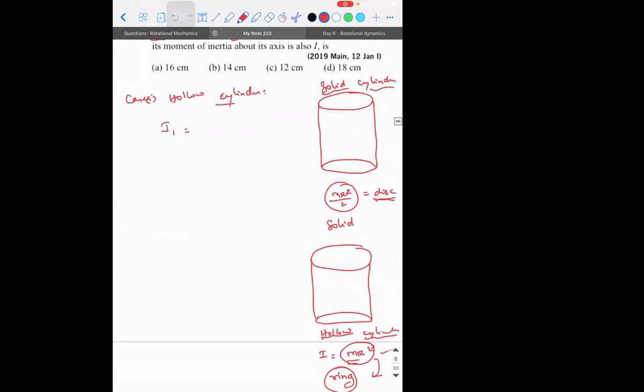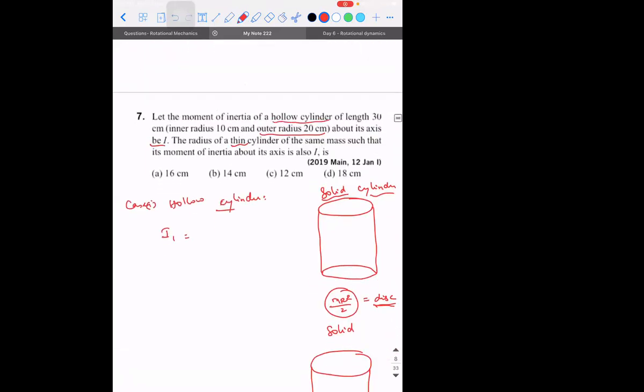But in this question, though they use the word hollow cylinder, what is the point we need to concentrate on? It has an inner radius and outer radius, means some portion of the solid is present and some is not present. So it will behave similar to what?